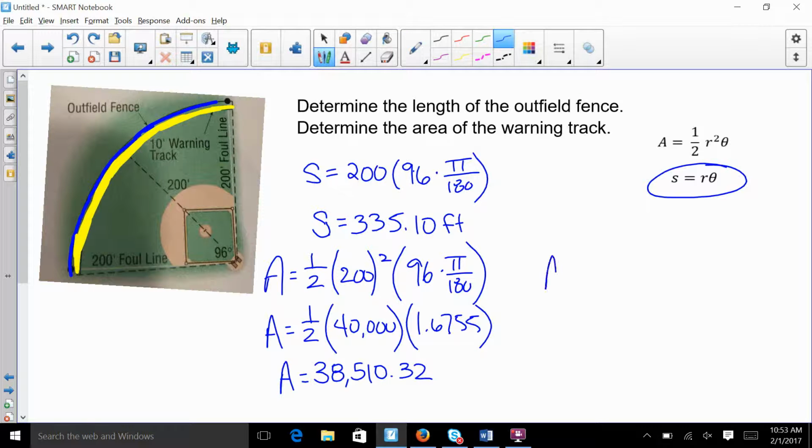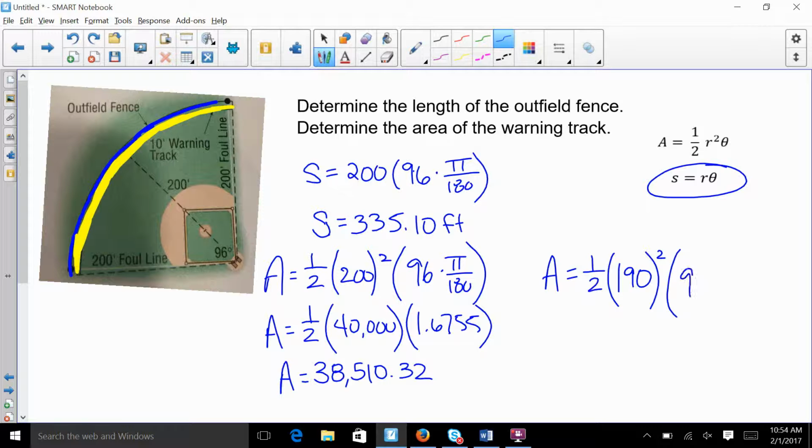Now we're going to find the area of the baseball field to just the warning track, not all the way out to the outfield fence. So I'm going to use my same formula, 1/2. Now my radius is going to be a little bit shorter. In the picture it tells us that it's 200 feet all the way out, and that the warning track is a width of 10 feet. So instead of 200, I'm going to have 190 squared, because I'm going to subtract that 10 out.